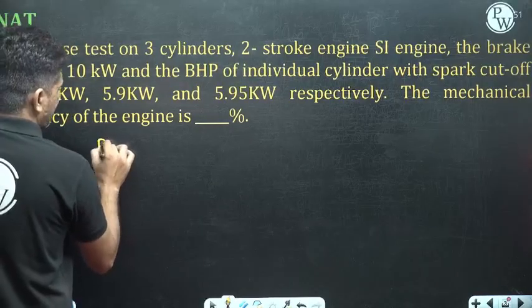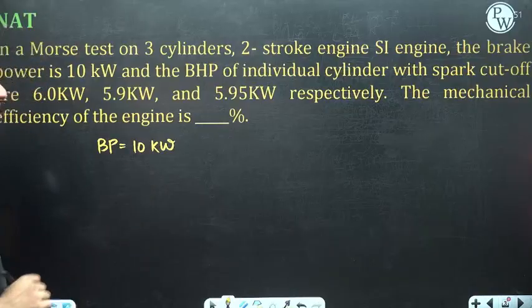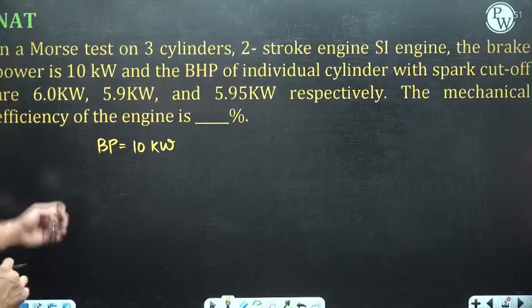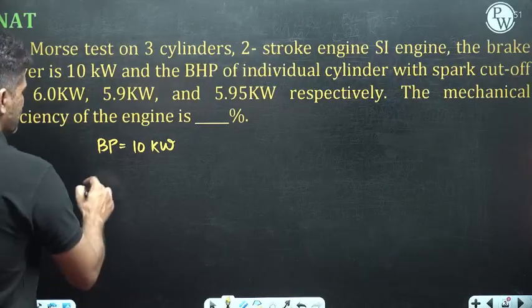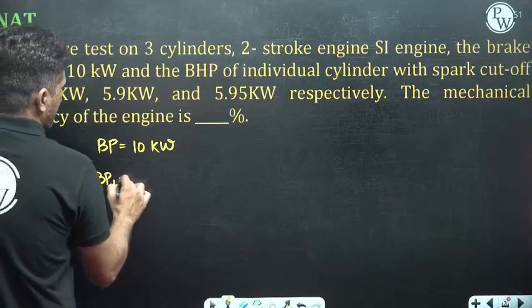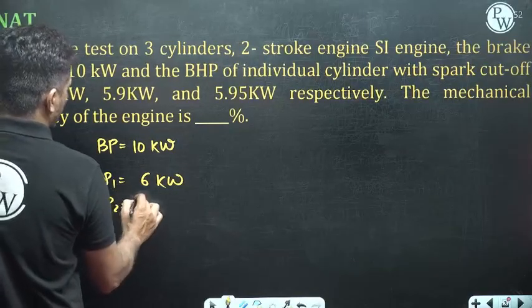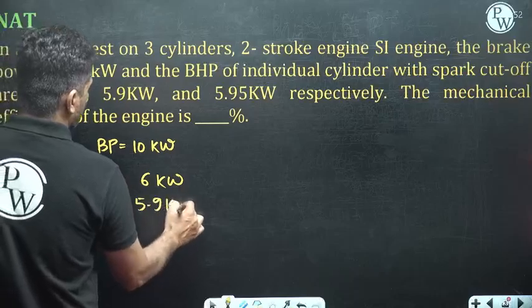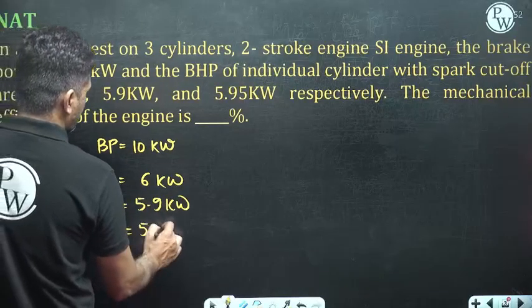So we have the brake power measured in normal condition, that is your 10 kilowatt, and the brake power of individual cylinders with spark cut off are as follows. When one of the cylinders is cut off, BP1 is 6 kilowatt, BP2 is 5.9 kilowatt and BP3 is 5.95 kilowatt.